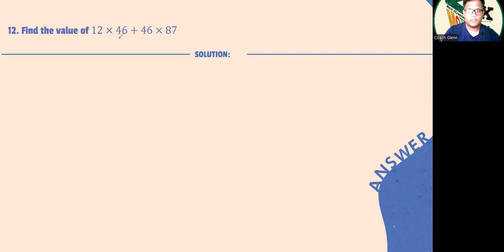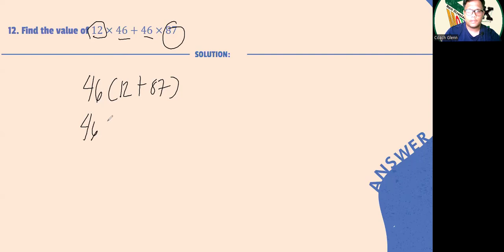As we can observe here, we have 46 as a common factor, so we can take that out. So we need 46 times 12 plus 87. 12 plus 87 is equal to 99.